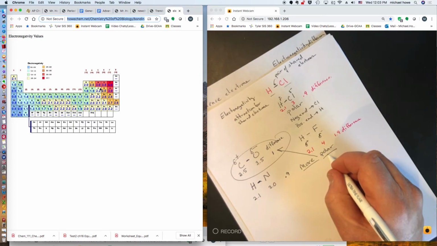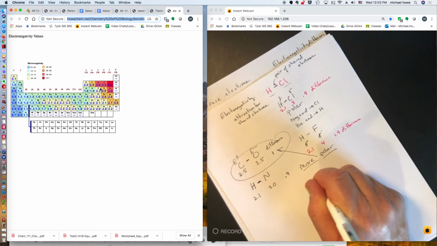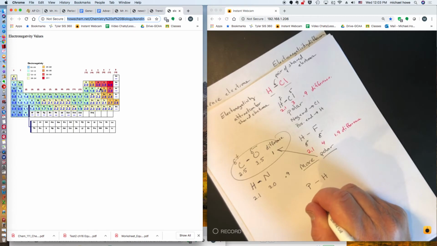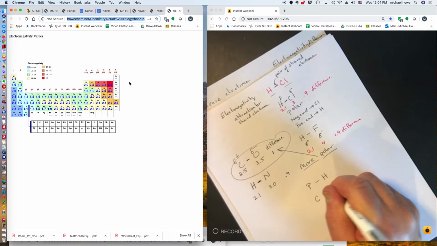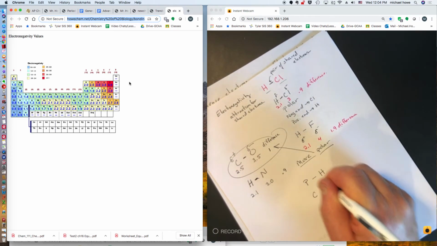So one more quick example of that. Let's suppose I have P bonded to H, and let's suppose I had C bonded to H. Okay, so you look at the electronegativity. H is going to be 2.1 again.